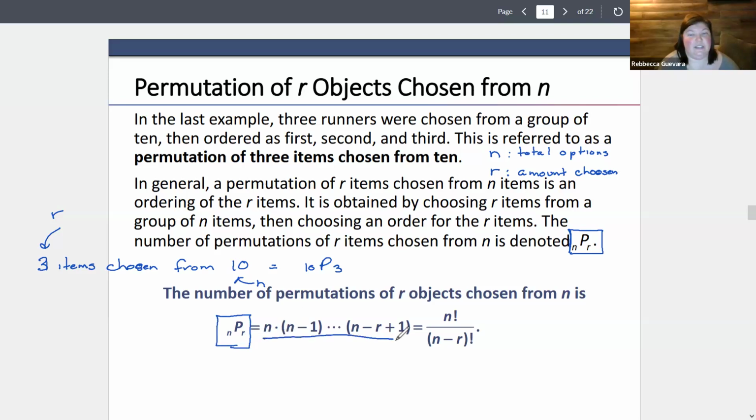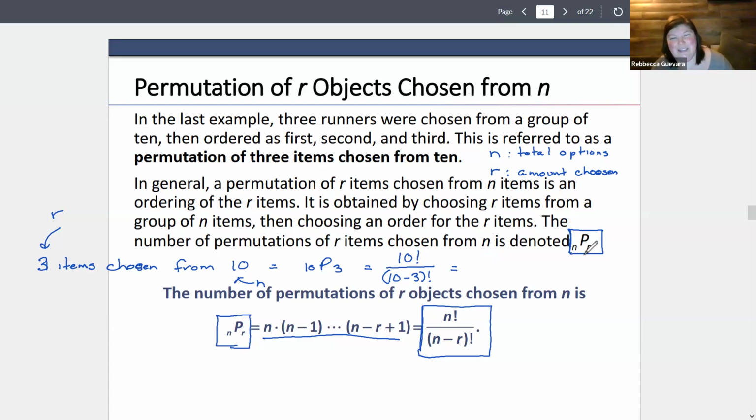You could look at it like this, but really what we're going to do is take your 10, the N, and find the factorial of that. Then we take 10 minus R, which we said was 3, and find the factorial of that. Let me go back one step.